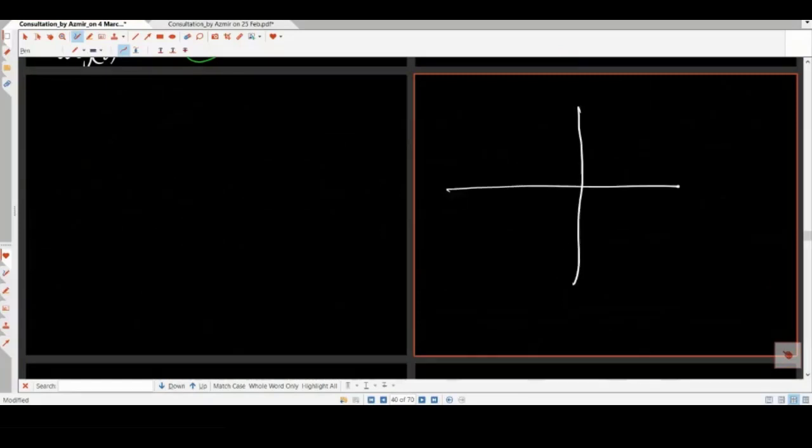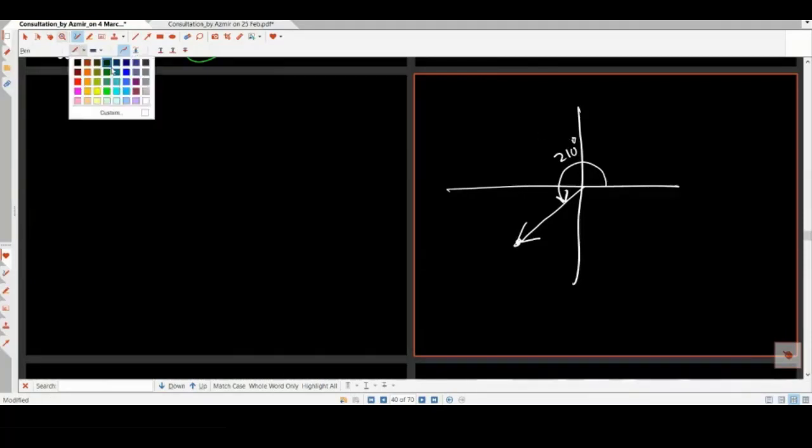So again, the point is here. It is 210 degree. So now we want to come from the clockwise direction, because our target is to find the principal argument.